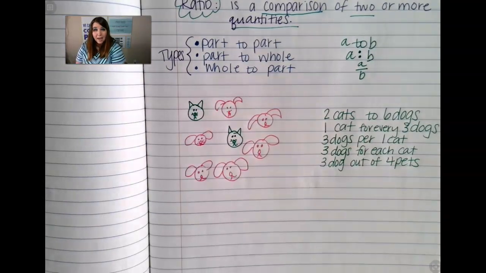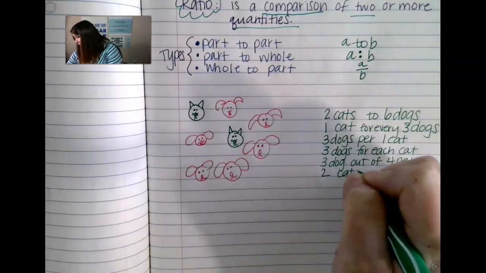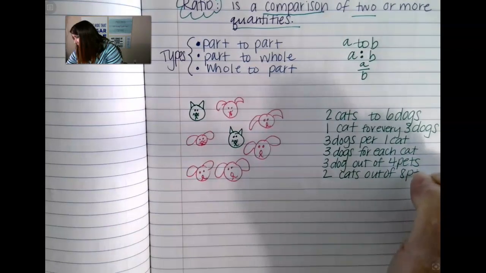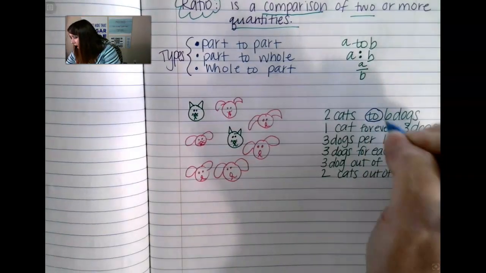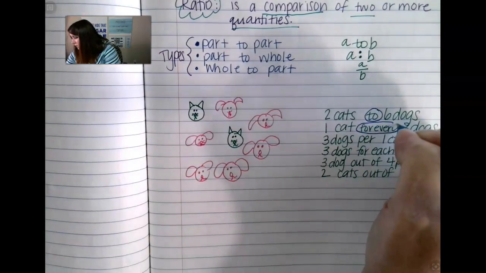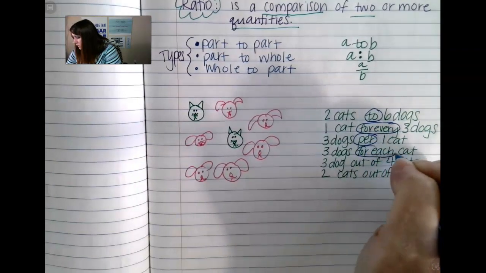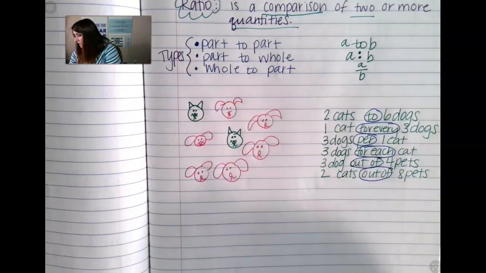I have 2 cats out of 8 pets. So all of these clue words tell us that we are going to be creating ratios. These clue words signal that you need to make a ratio.